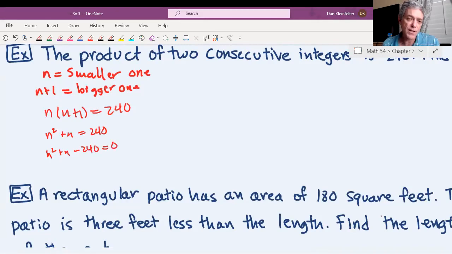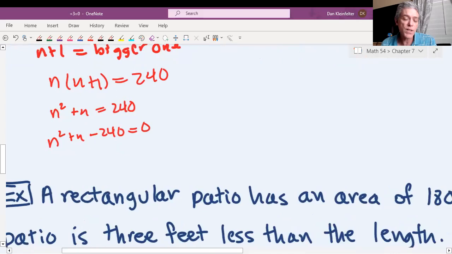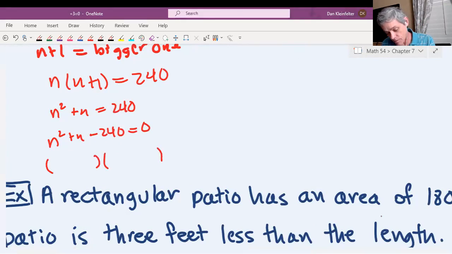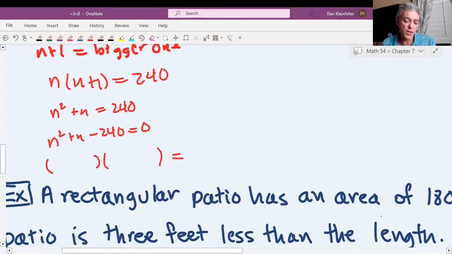So this thing is a trinomial. There are no common factors. The leading coefficient is 1, so we should be able to factor this thing without too much trouble. The difficulty is trying to find two numbers that multiply to negative 240 and add up to 1.